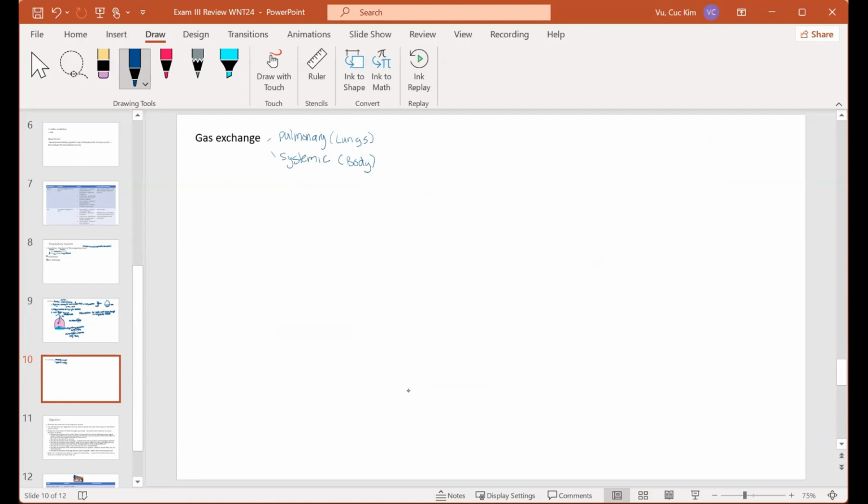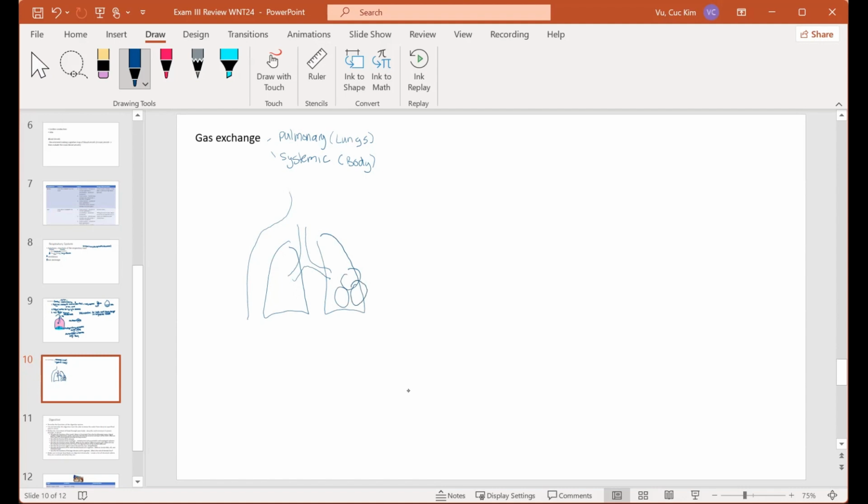So if we're looking at the lungs, where does gas exchange happen in the lungs? Perfect. Thank you.